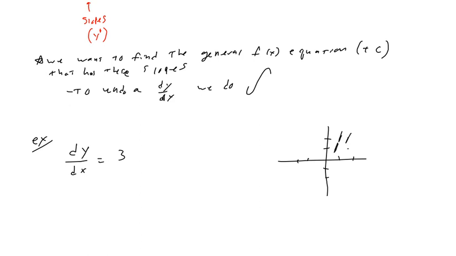Everywhere's got a slope of 3. So the whole slope field is just a bunch of slopes of 3. What does the f of x look like that has these slopes? How do we undo this derivative?